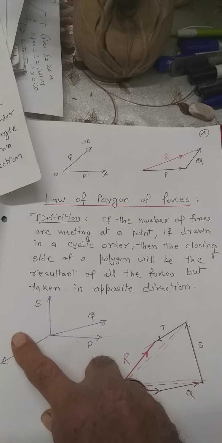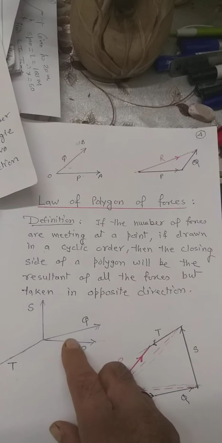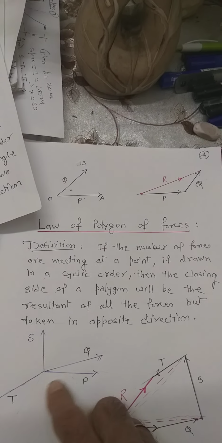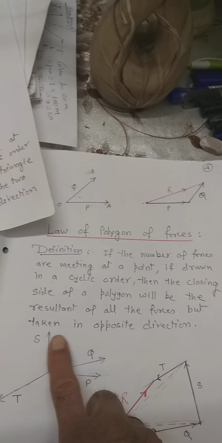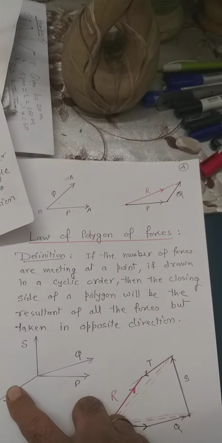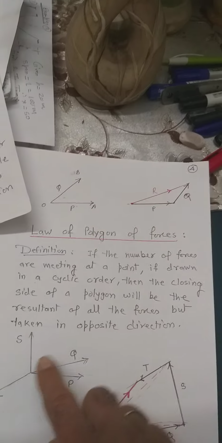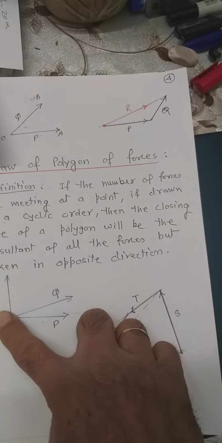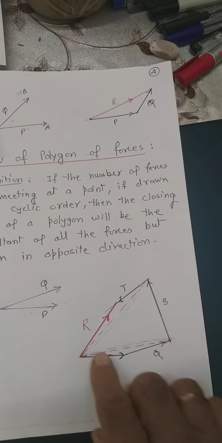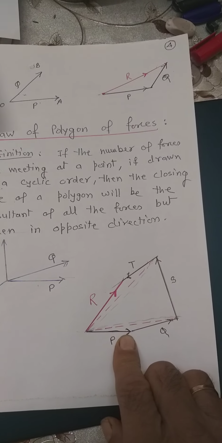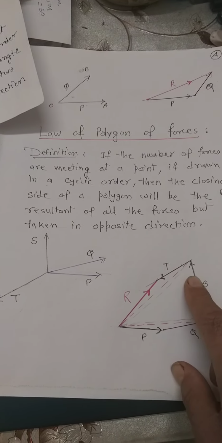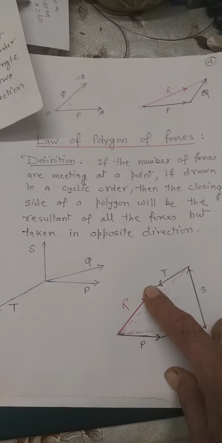I will draw a parallel line considering one cyclic order. Either you can go from this direction or from this direction. It makes no difference. The resultant will remain the same. But for our sake, I have taken the anti-clockwise direction. So I have drawn P parallel to P, from P to Q, then Q to S, and S to T.